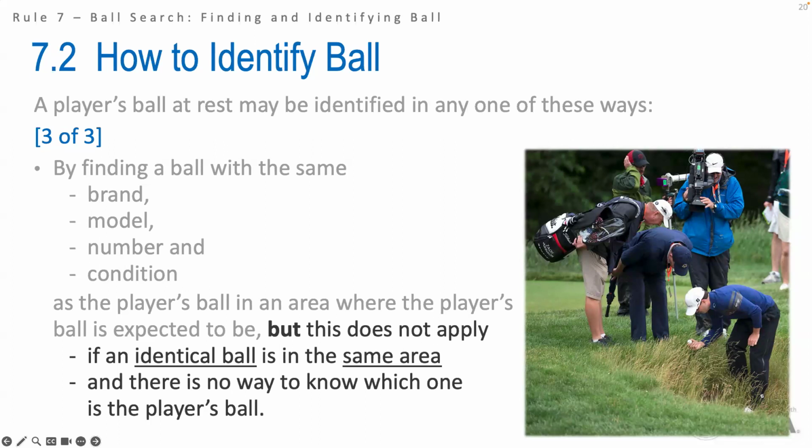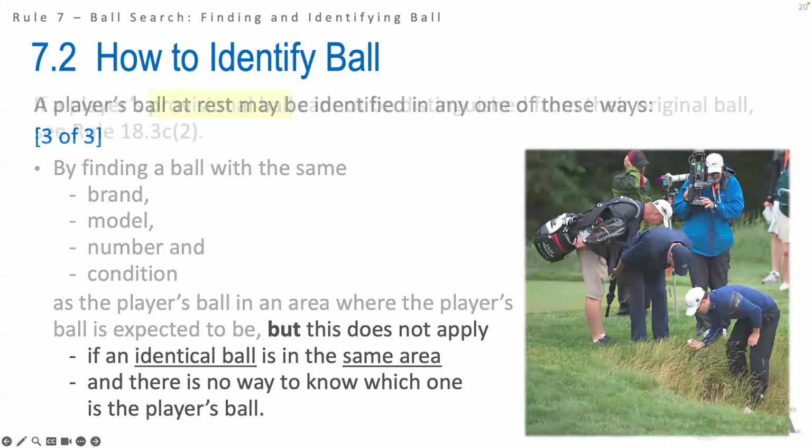You're like, I'm playing a Titleist 3, a Pro V1X. I know there's a little scuff near the Pro V1X identifying part, and you see it, it's in that same condition, it's in that area where you think it's going to be, there's no other golf balls around there, then of course you have identified your golf ball.